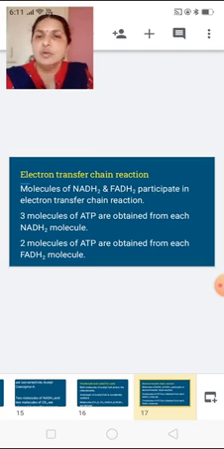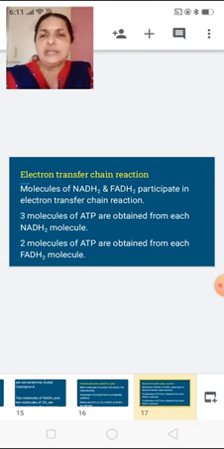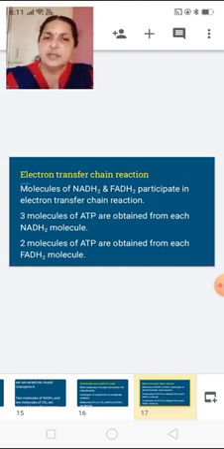What do we get? 3 molecules of ATP are obtained from each NADH2 molecule, and 2 molecules of ATP are obtained from each FADH2 molecule.